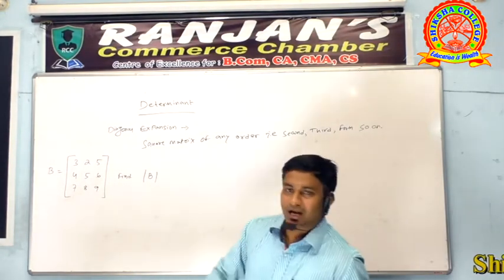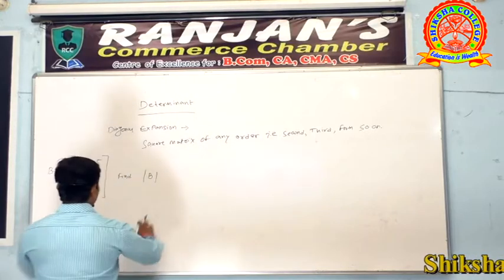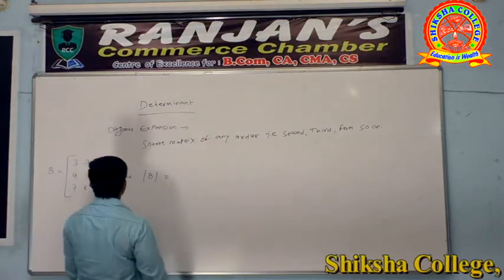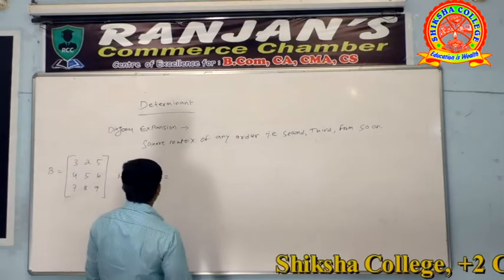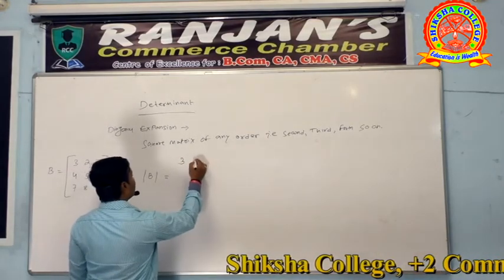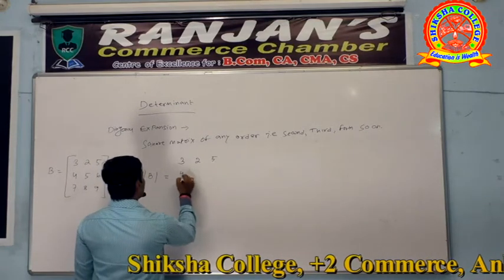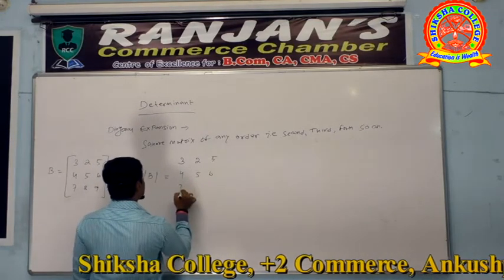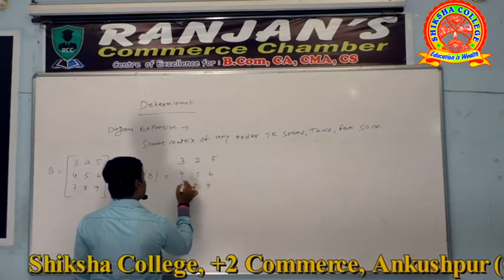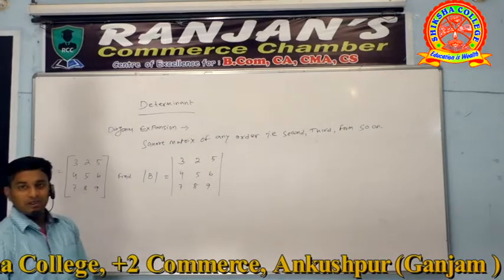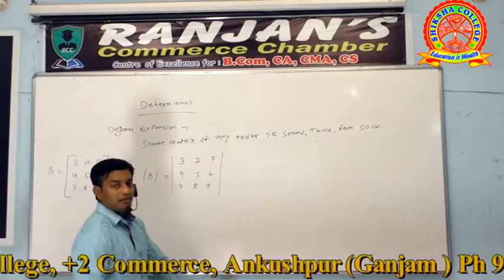So now see, we are asked to find the determinant of a third order matrix. We simply write the values 3, 2, 5, 4, 5, 6, 7, 8, 9. We put the determinant symbol, enclosed by bars.